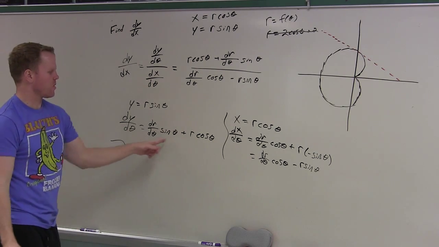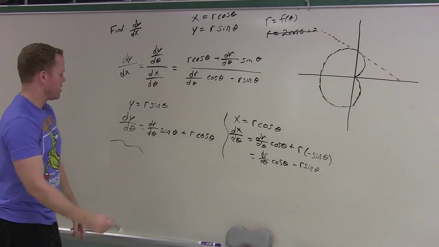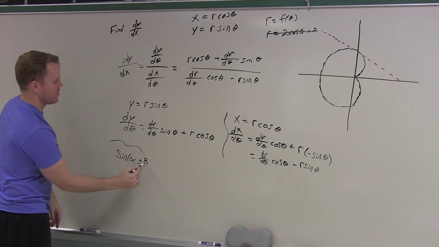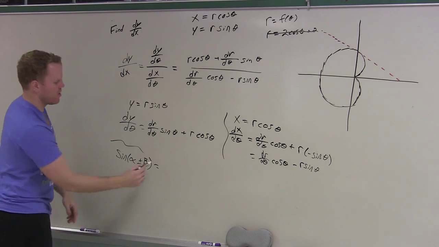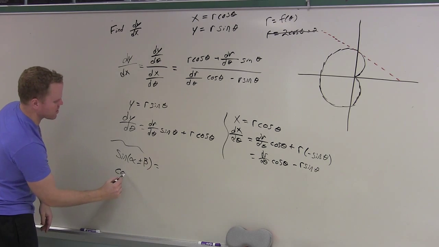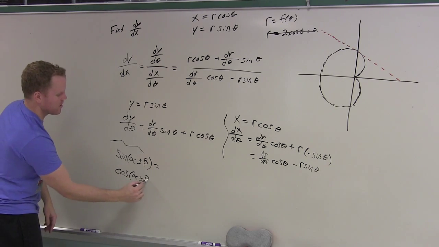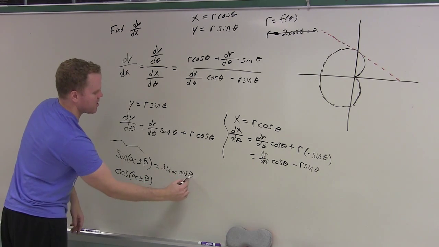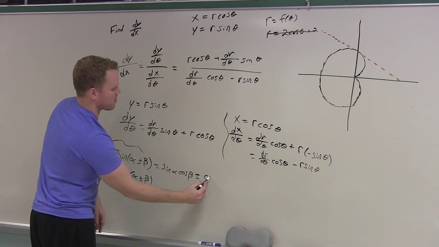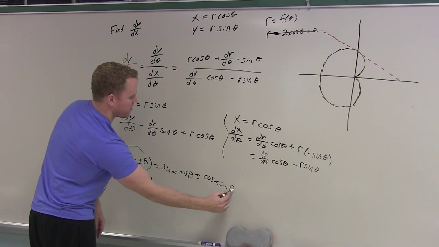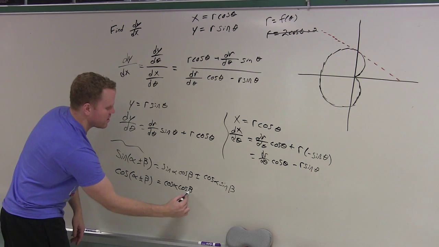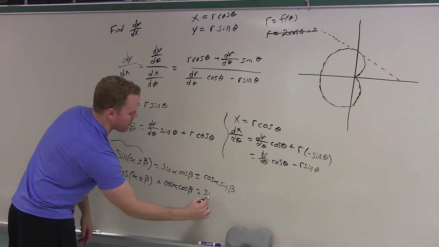I kind of switched the order of these for a reason. Hopefully you know your sum and difference formulas: sine of alpha plus or minus beta is sine alpha cosine beta plus or minus cosine alpha sine beta, and cosine of alpha plus or minus beta is cosine alpha cosine beta minus or plus sine alpha sine beta.